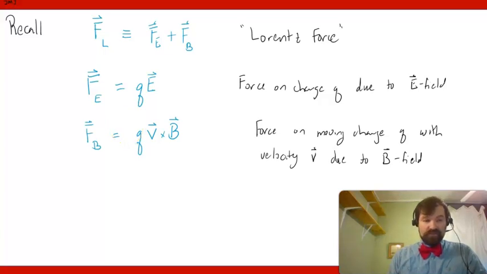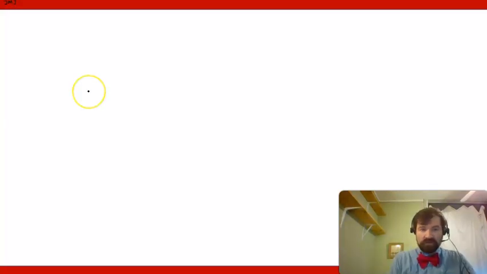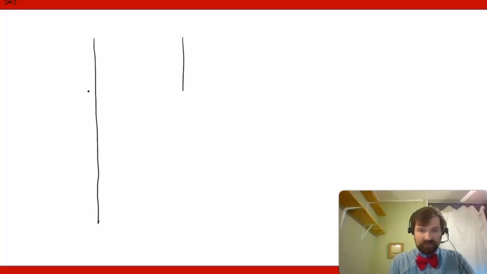Now the Lorentz force basically works to allow us to make a thing called a velocity selector as follows. So consider a setup in which we have, let's say, a pair of parallel plates, and I'm drawing them from the top.